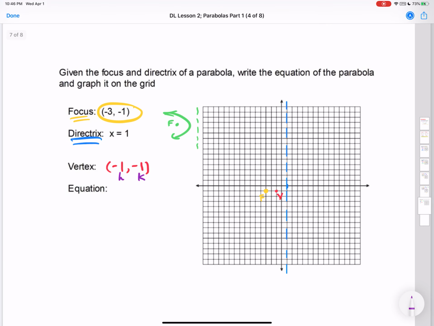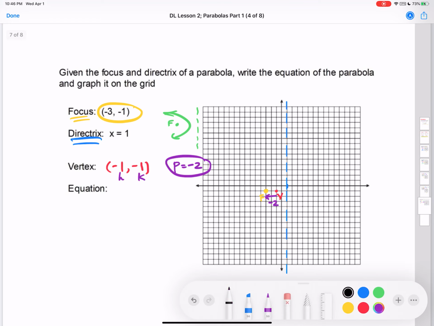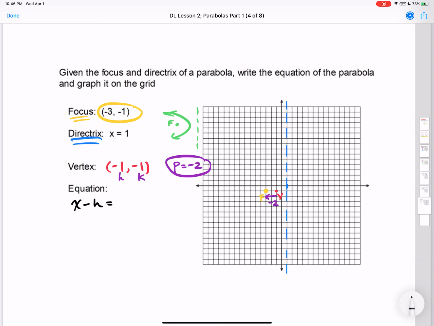We can go ahead and figure out our p-value. Now remember, the p-value is the direction going towards the focus. Since it's going to the left, the p-value is going to be -2. We do know that this equation is horizontal, so that means x minus h is equal to 1 over 4p times y minus k squared.